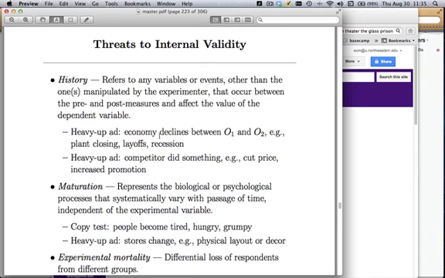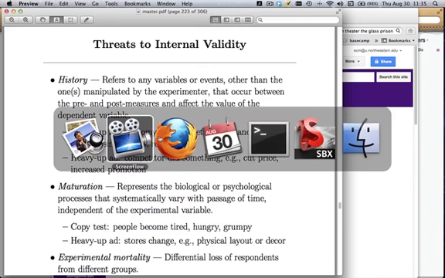Okay, let's go draw a picture of what could happen. I'm going to go over to the sketchbook, and here's the diagram: O1, X, O2. Let's say our sales in week 1 are 10, and let's say the effect of doubling the ads is 5. However, our competitor at the same time decides to cut price.